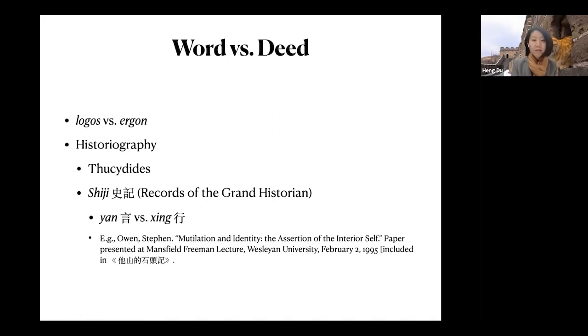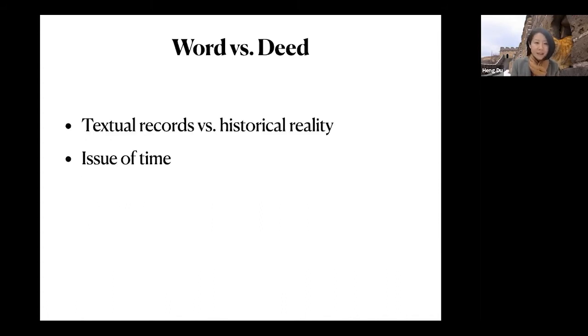Owen's article, which is on my slide, is a good example of a work that explores this dynamic. And in the two lectures, I specifically think about this dichotomy in the following two terms. So textual record versus historical reality, word versus deed.